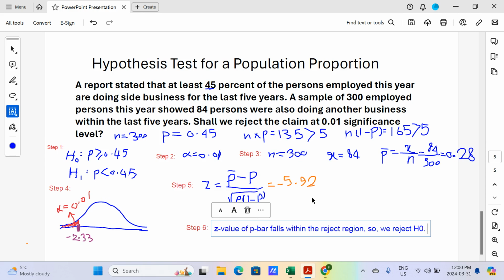Okay, we reject that. We reject the claim. So the claim will be rejected. By the hypothesis testing approach, I rejected H0.